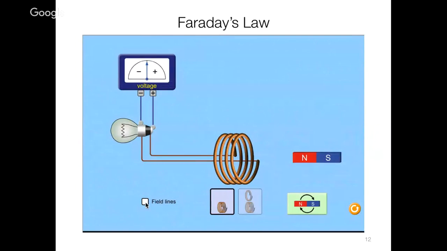So suppose I've got a magnet, I've got a bar magnet here. Then I have a circuit, it's going to have a coil. I can measure the voltage in that circuit. And what I'm going to do is to induce a current in this circuit. I'm going to do that by moving this magnet.